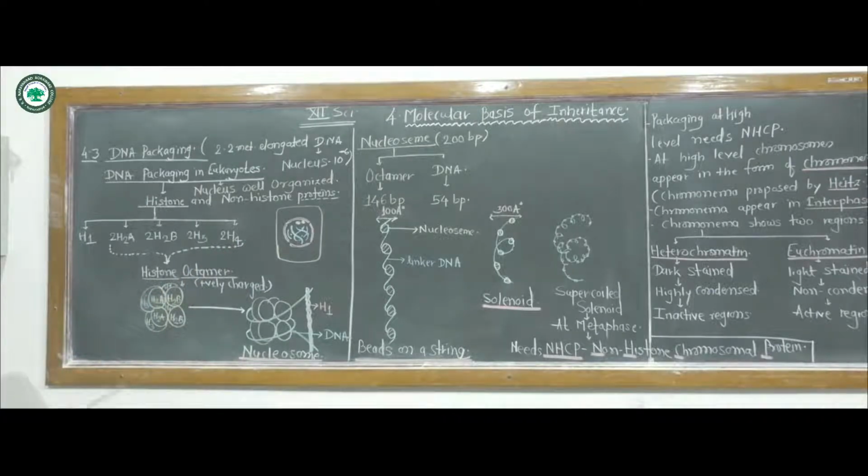That means 5 types of histone protein as H1, H2A, H2B, H3 and H4.